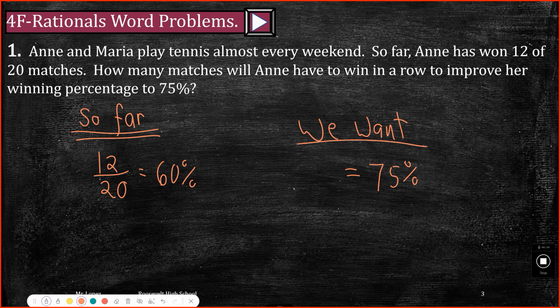So what's going to happen is it's saying how many matches in a row she needs to win. So what does the bottom represent here? Total matches. And what does the top represent?